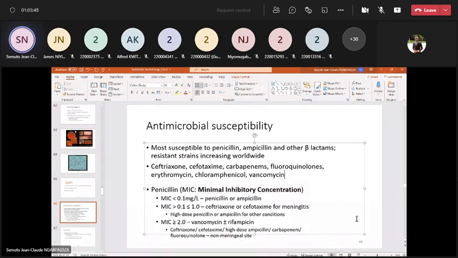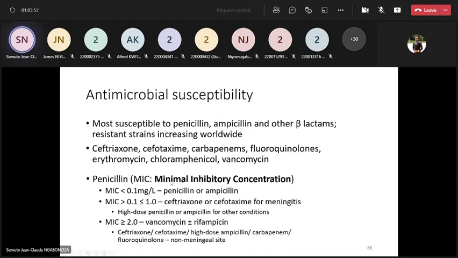Okay, James. Is it James? MIC means minimal inhibitory concentration. That is the lowest concentration of drug that inhibits the growth of bacteria on media.